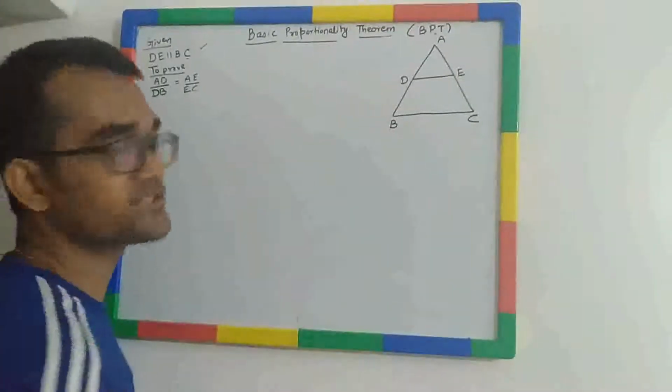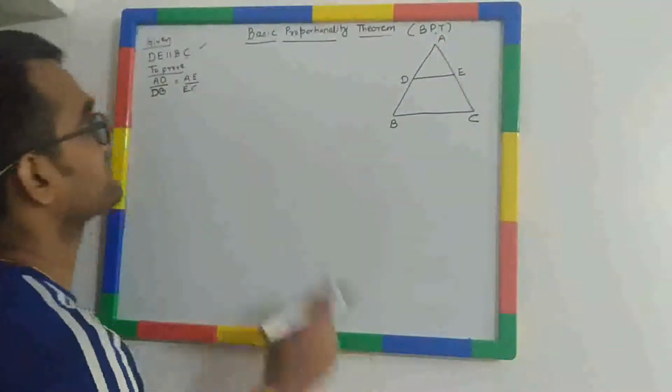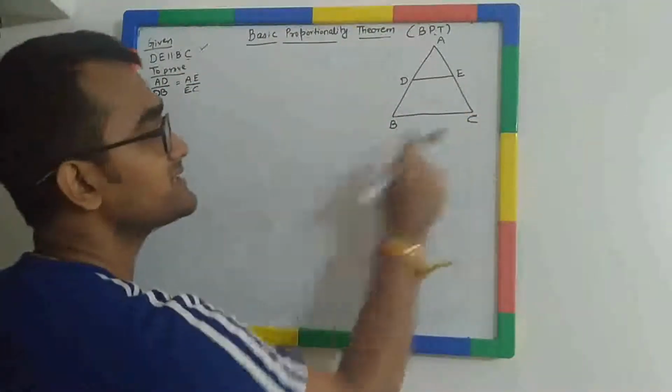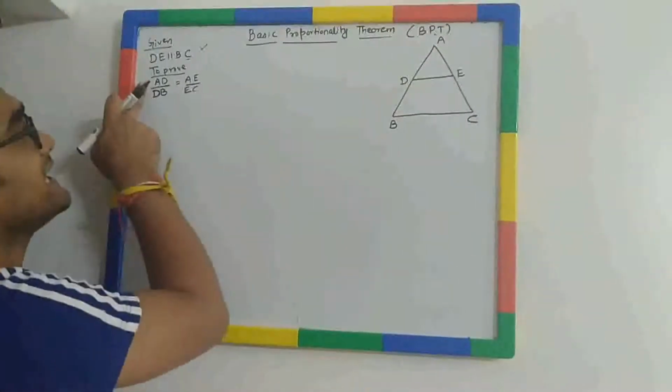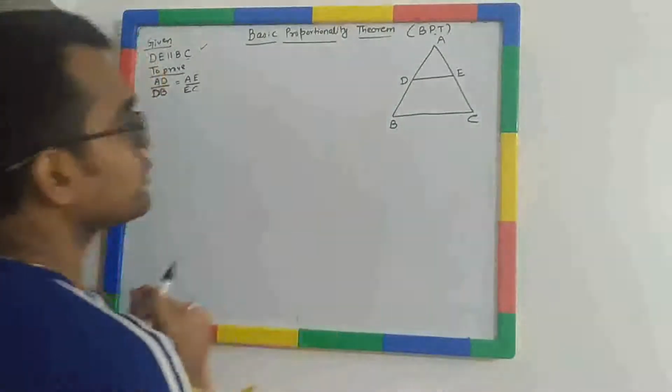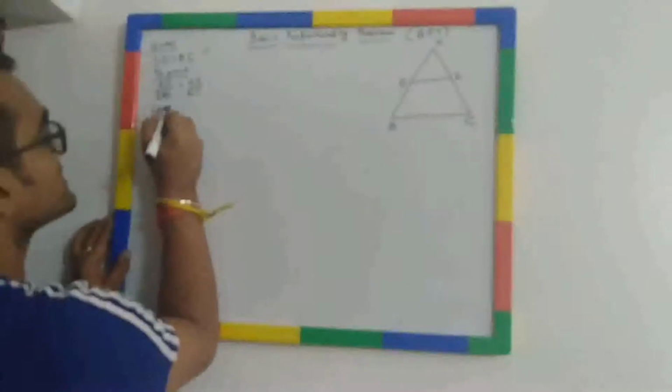This is the diagram which I have explained to you earlier. I have stated the given condition of this diagram, that is line DE is parallel to BC, and we have to prove that AD upon DB is equal to AE upon EC. Before going into the proof, we will do some constructions.